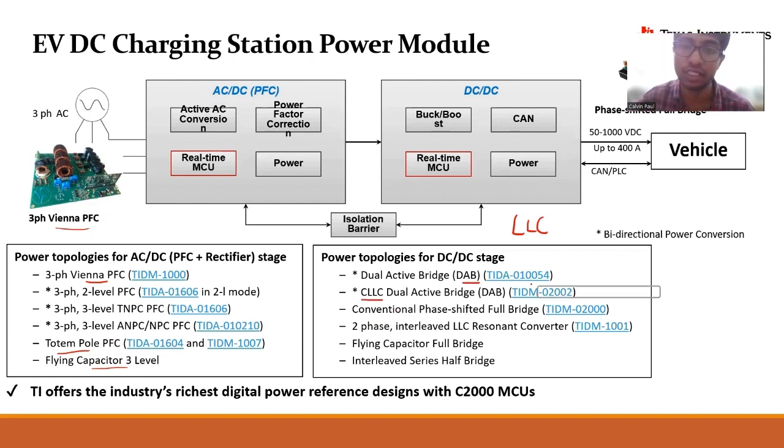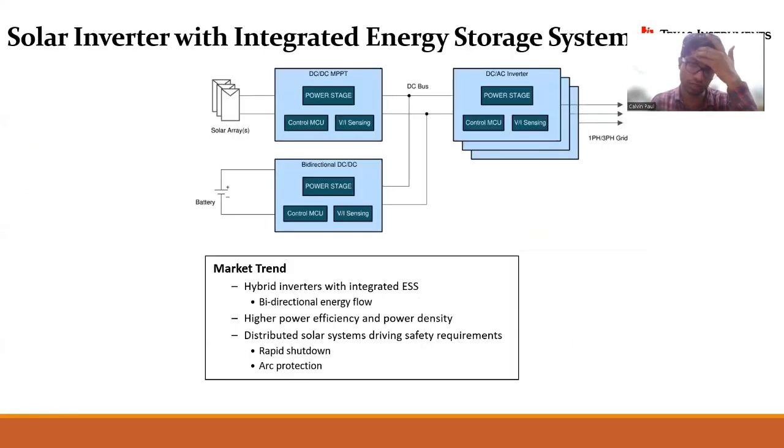All these reference designs are available for you to use. A reference design has the schematic, the layout, and the bill of materials. It shows how we designed the inductor, how we chose the capacitor, how we selected the gate driver, which switches are selected, and what the logic is. Everything is available, so you can use that to understand the logic, the implementation, and the components, and use it for your research.